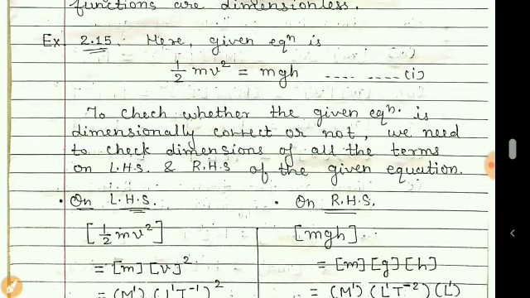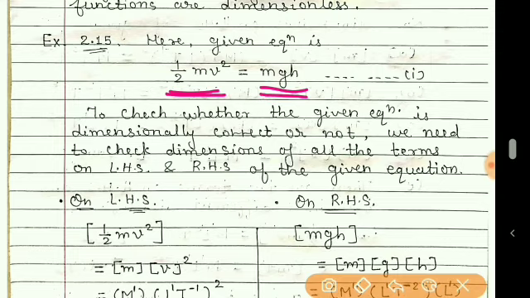Students, if this equation is correct dimensionally, then all its terms must have the same dimension. Here only two terms are there, on the left hand side and on the right hand side. There may be more than two terms in an equation, but for the equation to be correct dimensionally, all the terms should have the same dimension.